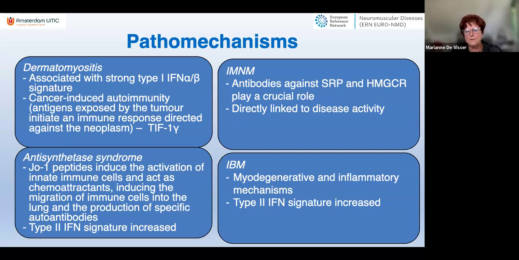Type 2 interferon signature is increased in IBM and thus increases the expression of a marker, the major histocompatibility class 2 in IBM muscle biopsy, and that can be helpful for diagnosis.